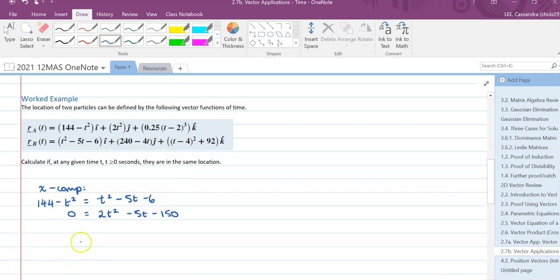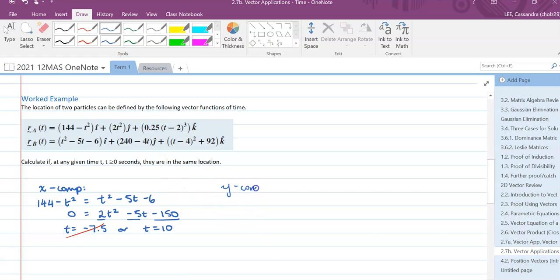So when I put these values of a, b, and c into my graphics calculator in that equation solver, I get two values for t. The first value that I get for t is negative 7.5, and the second value I get for t is positive 10. Now automatically we can discount the first value because it doesn't make sense for us to have negative time.